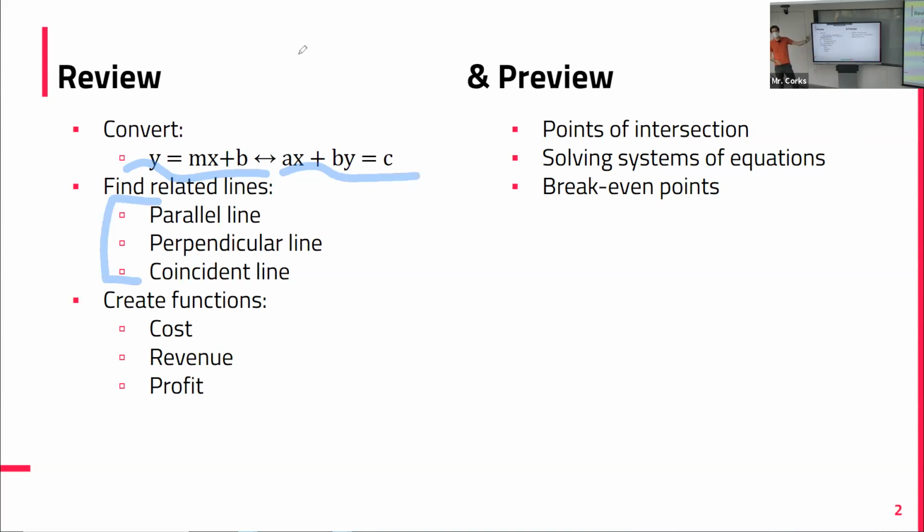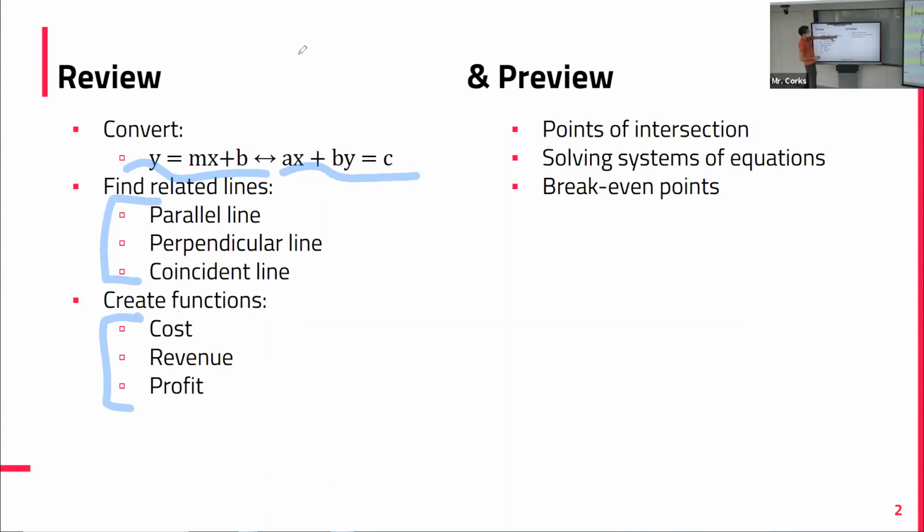How do we find one that's parallel? How do we find one that's perpendicular or coincident? And then we looked at the equations for cost, revenue, and profit, and a simple graph question with the iPhone to see what this looks like on an actual graph for a typical business situation.